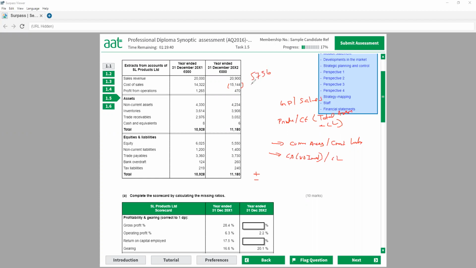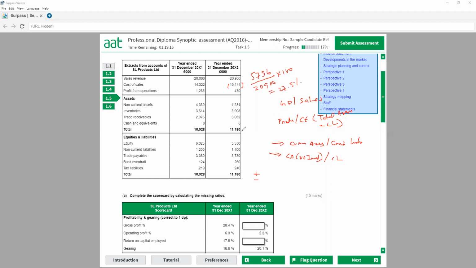That's my gross profit. Then divide by the sales of 20,900 and times by 100, and that gives me the gross profit margin of 27.5%.